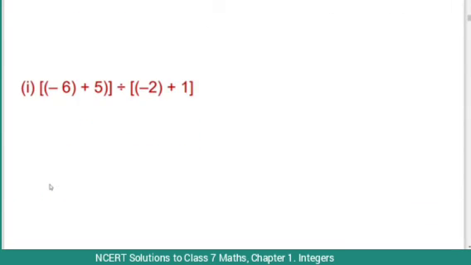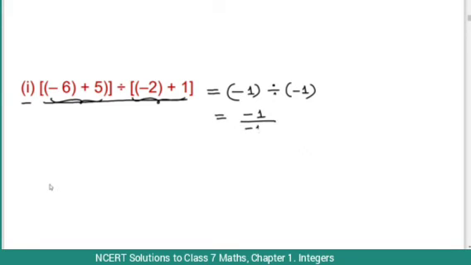I, -6 plus 5 divided by -2 plus 1. So -6 plus 5 is -1, divided by -2 plus 1, which is again -1. So -1 divided by -1, minus minus get cancelled. Answer is 1.